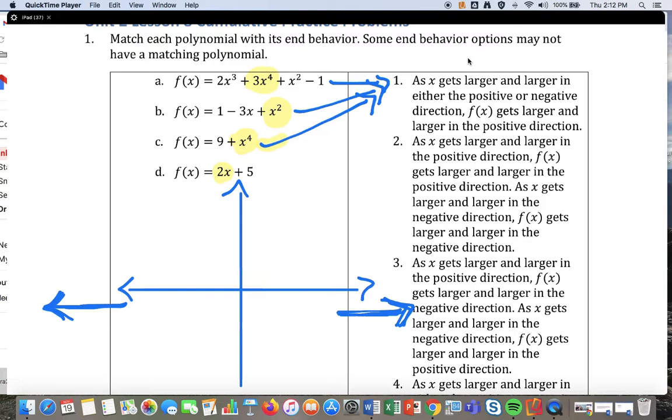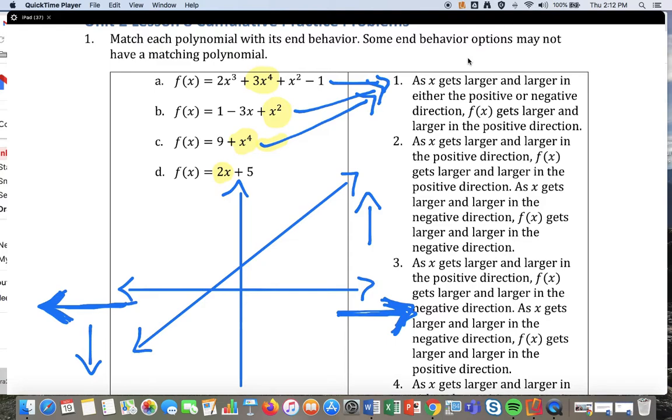Since it's positive, and that's a linear function, we're going to be looking at a line similar to this. So as x gets very, very large in the negative direction, f of x is going down in the negative direction. And as x gets very, very large in the positive direction, f of x is going up in the positive direction.